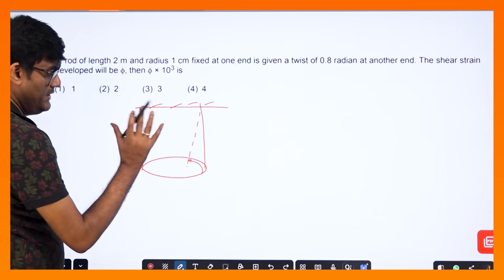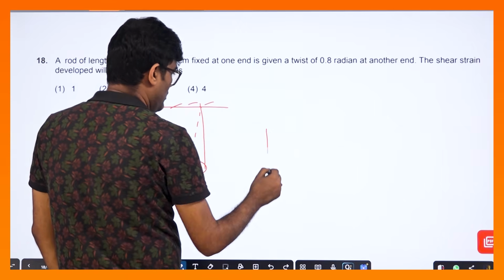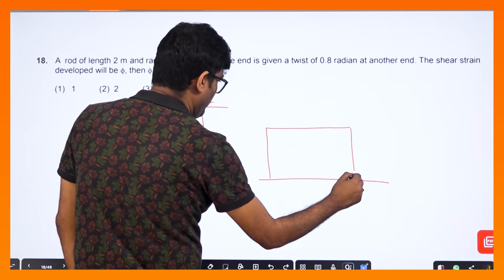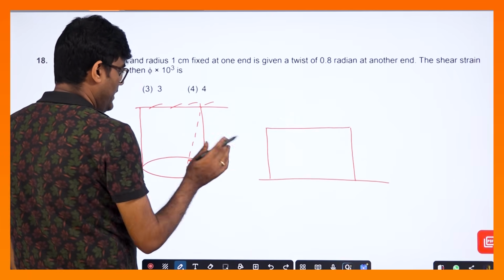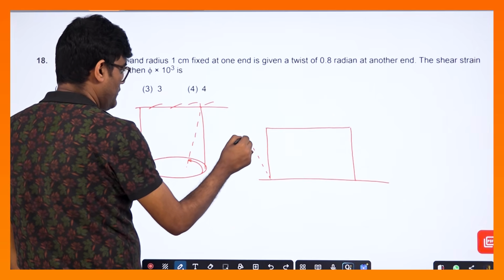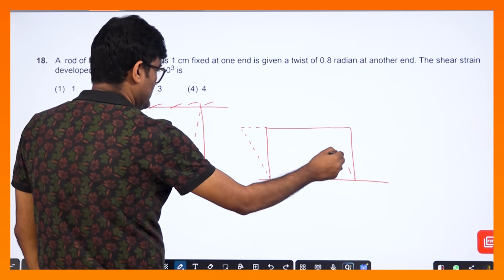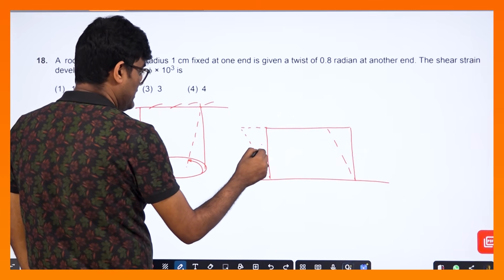This end is twisted, this end is fixed. If I draw this fixed end here, and unfold the rod like this, then by twisting I can shift one end of the rod like this. It is shifted like this, and the shear strain is given by this angle theta.